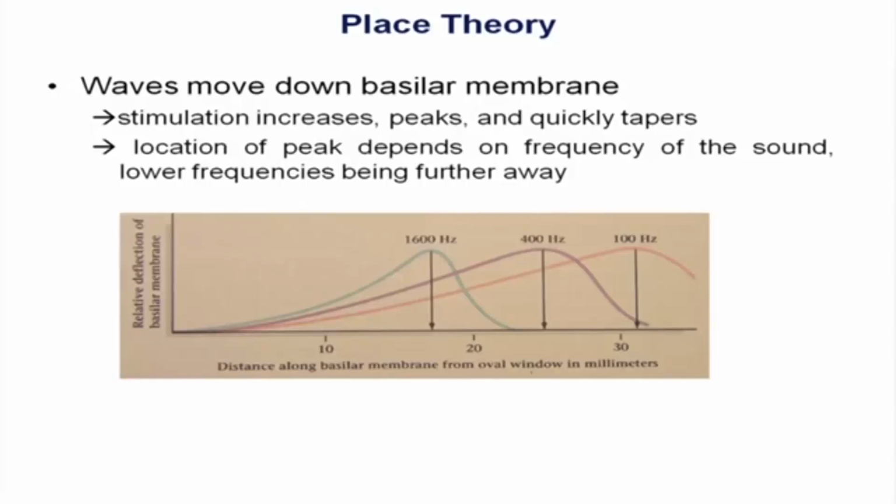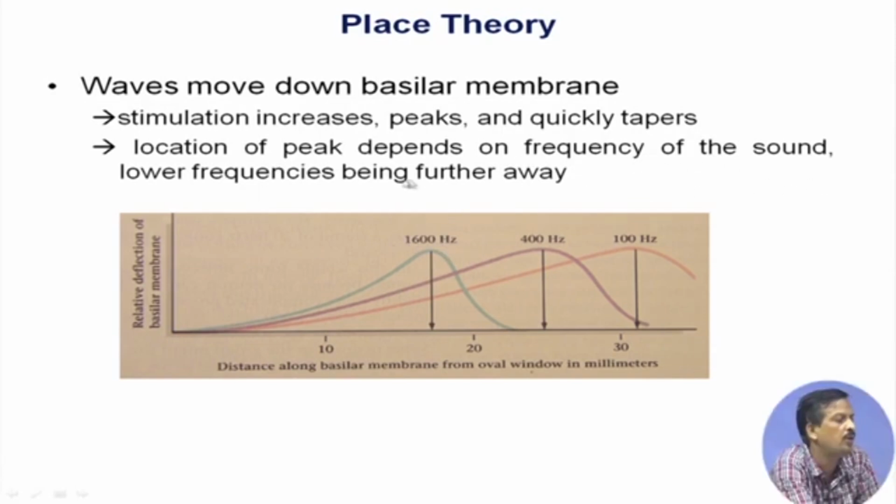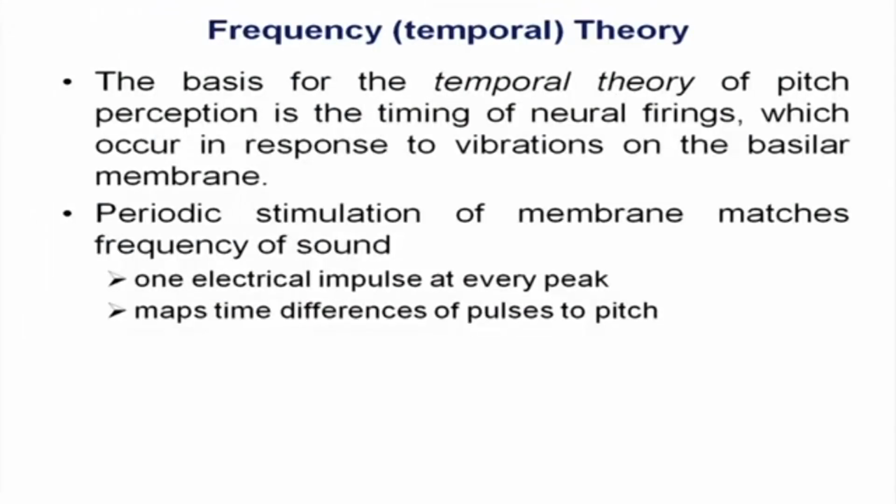So, the stimulus increases to a peak and quickly tapers, increase and taper, increase and taper, this kind of motion will happen. The location of the peak depends on the frequency of sound, lower frequency being further away. So, if the peak occurs here, then it perceives that frequency. So, one is called timing, another is called location of the peak. That is why one is called place theory, and another is called frequency or temporal theory.